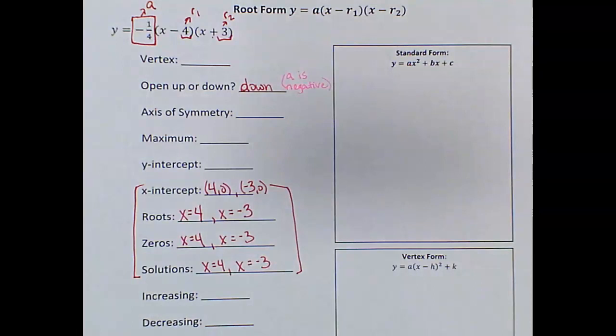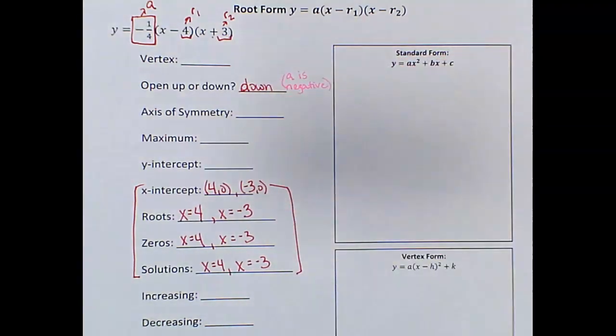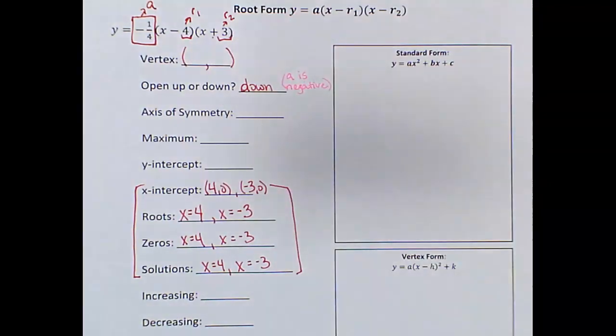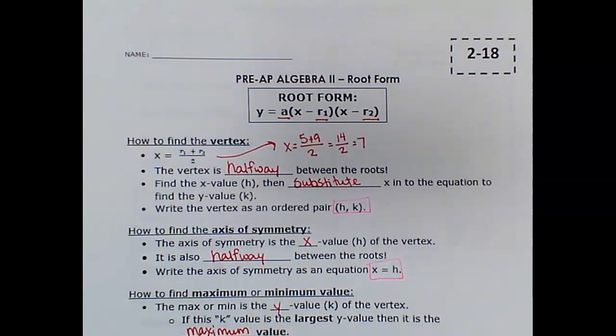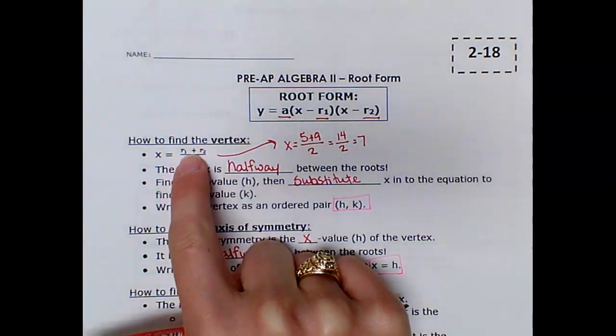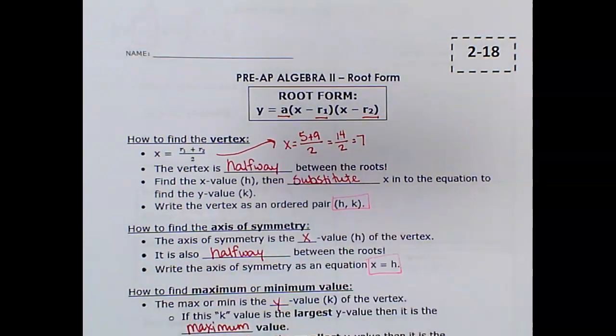Okay. So let's go back up to the top. Now that we've picked out the a value and the 2 roots and we've put that information where it belongs, let's answer the questions at the top. So the vertex is an ordered pair because it's a location. Remember that in root form, your vertex is halfway between the roots. So if you take your roots and add them and divide by 2, you get the x value of your vertex.